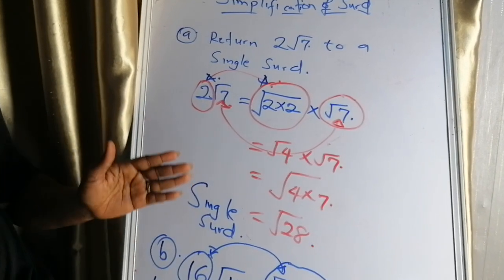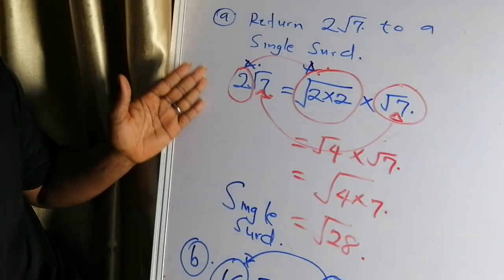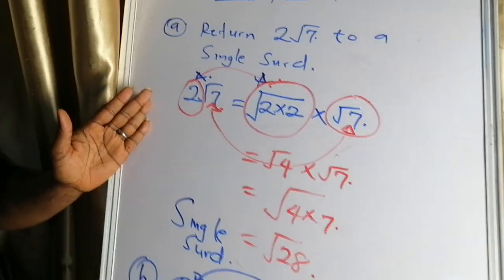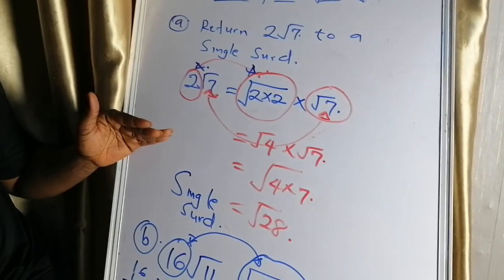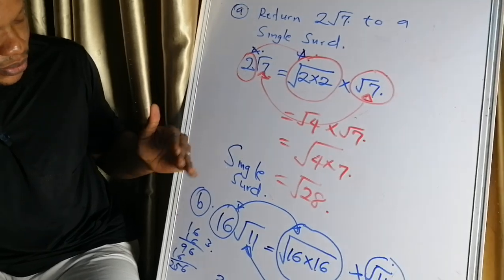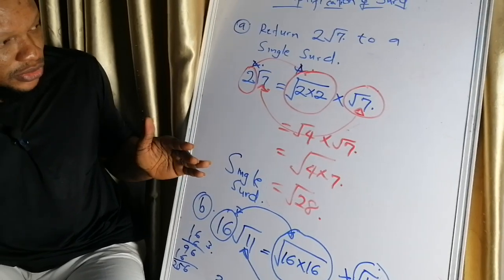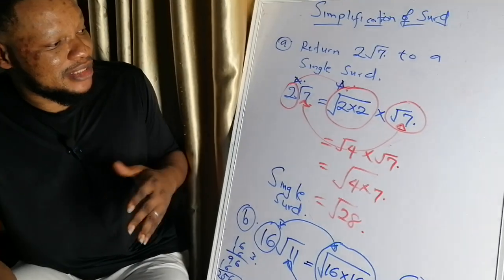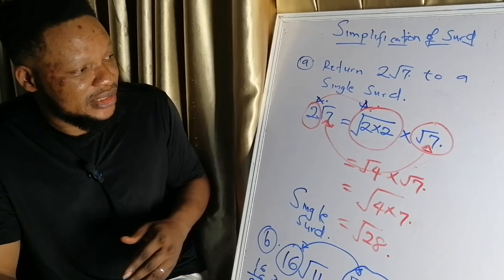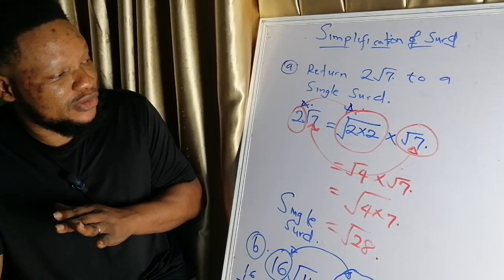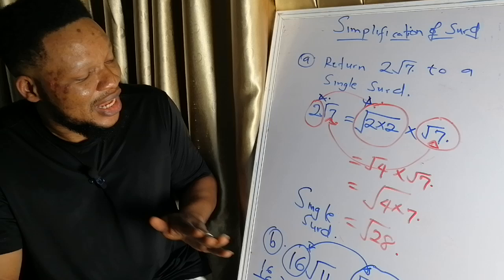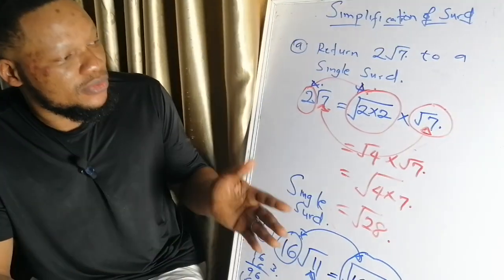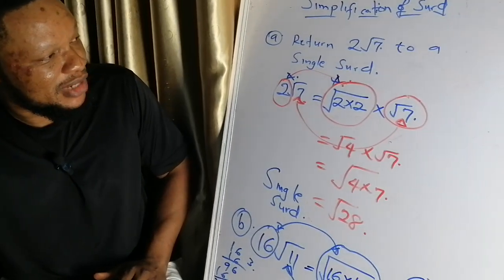Because the target of this presentation of the different parts and topics in mathematics is just for us to reach as many students as possible so that they can see that mathematics is very interesting. If they can follow and solve a lot of questions, they won't have any issue with mathematics again.